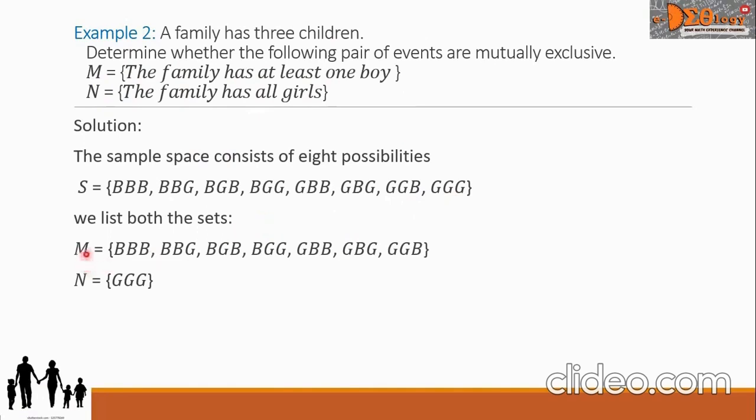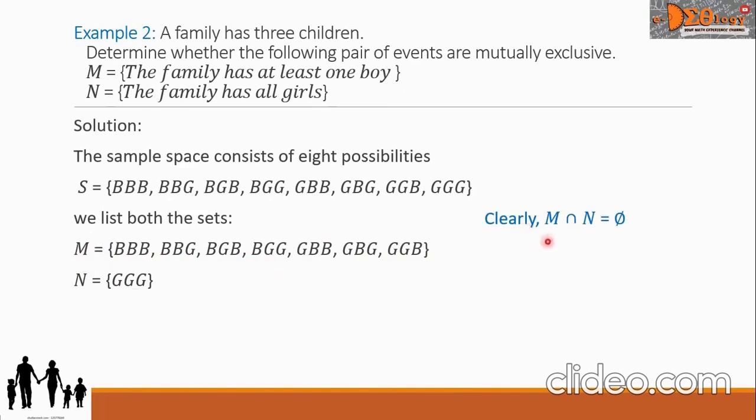For the set M, we have BBB, BBG, BGB, BGG, GBB, GBG, and GGB. For event N, only one element, and that is GGG.